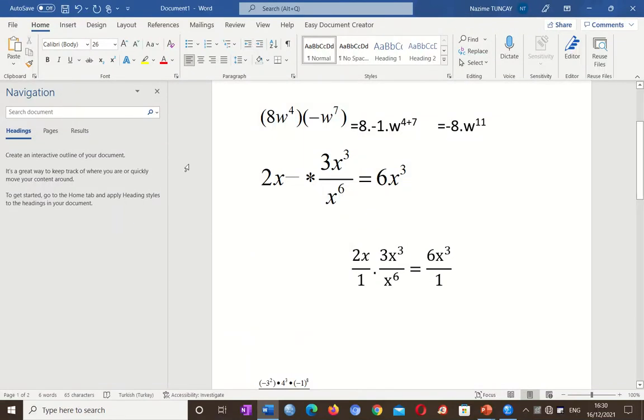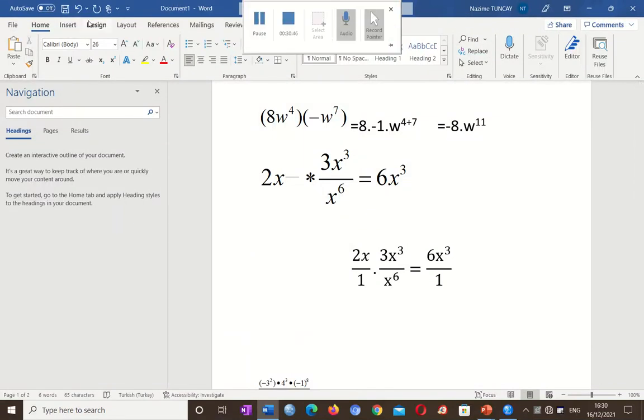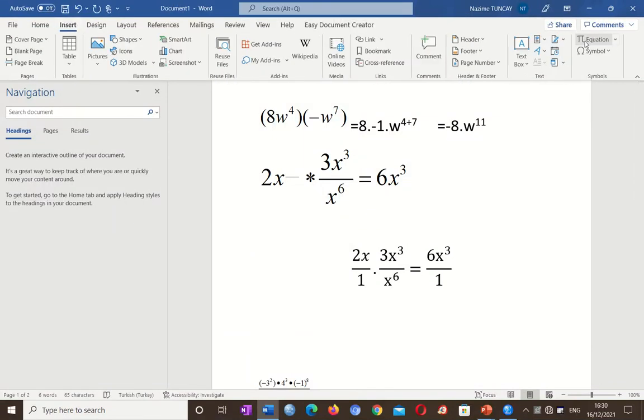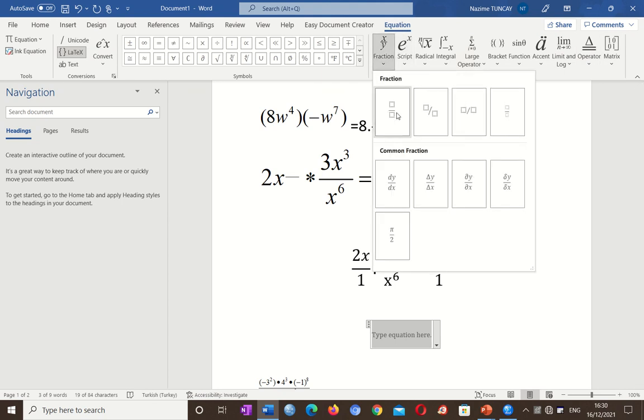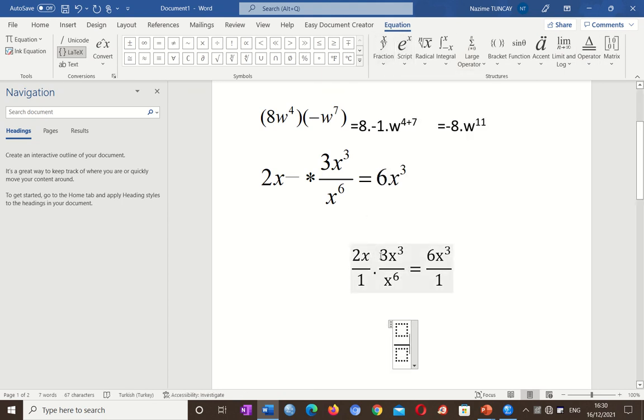So I'm going to write them in the same... Oh yes, there's a minus there. Thank you for that. This is minus. Thank you very much. So I can write it like this: 2x multiplied by minus 3x to the power 3.